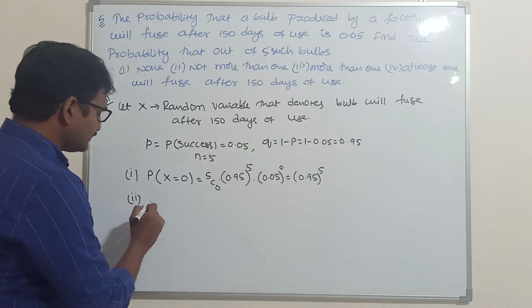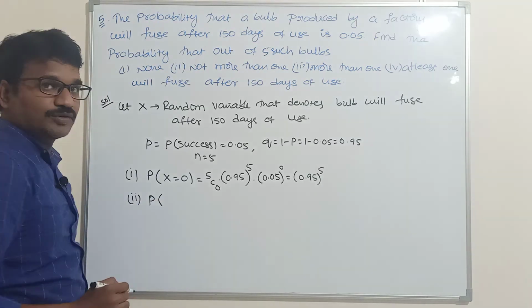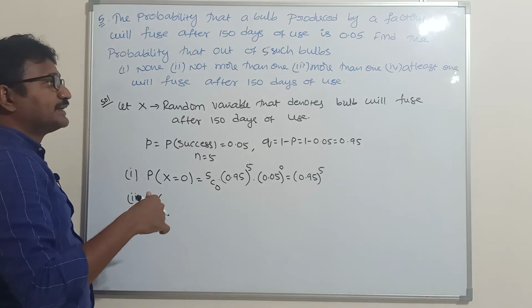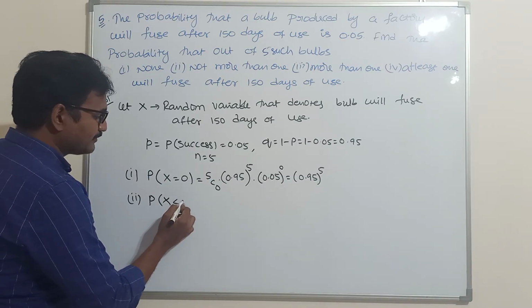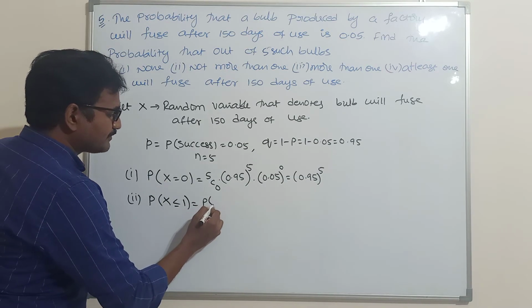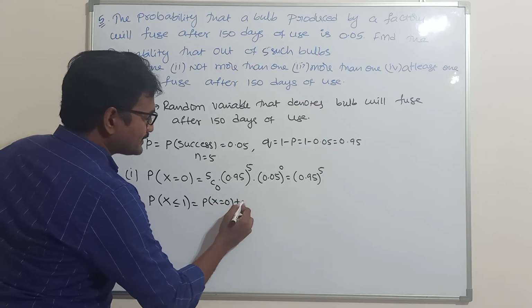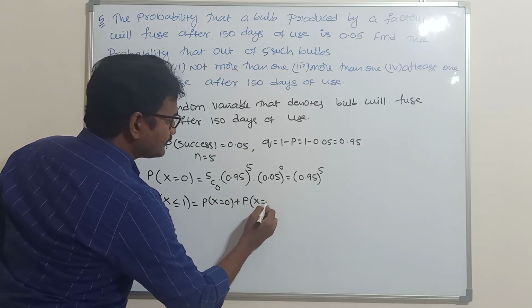Second question is not more than 1. More than 1 means greater than 1, so not more than 1 means the reverse, X less than or equal to 1. That means P of X equal to 0 plus P of X equal to 1.